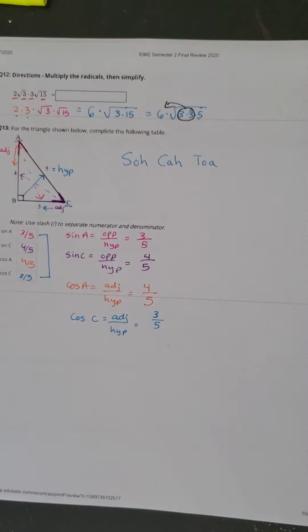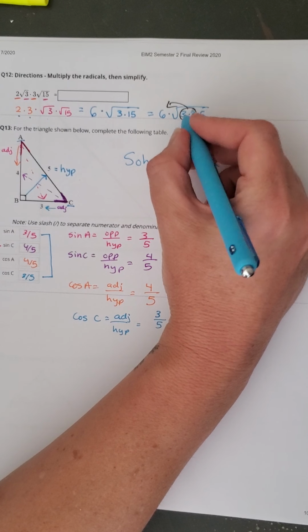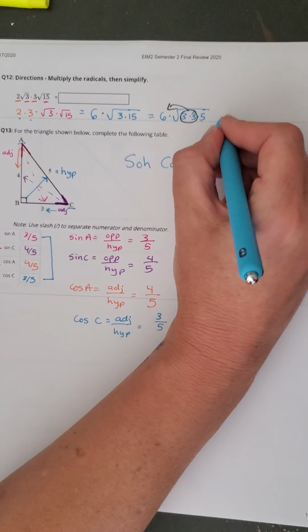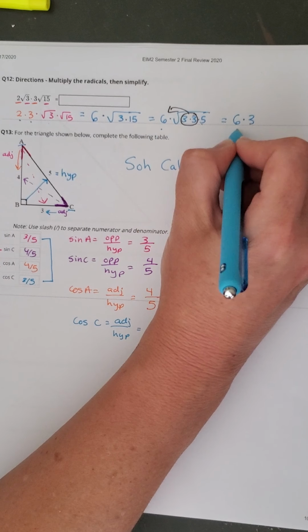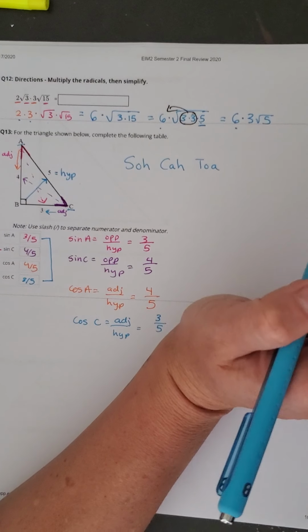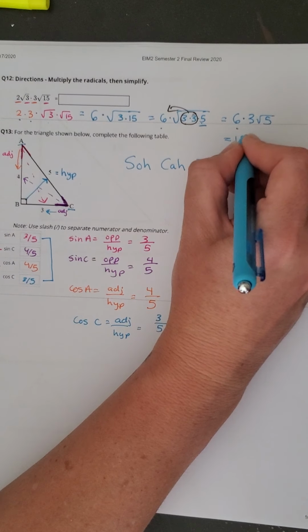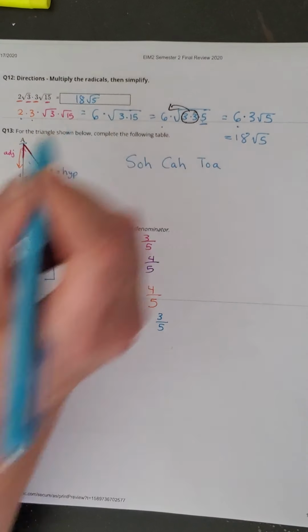It's going to come out, 3 squared. The square root of 3 squared, or the square root of 9, is 3. And so the 3 is going to come out and multiply with this 6. So the 6 stays, the 3 is coming out, and then under the radical is that lonely 5. That would be 18 square root 5. So 18 square root 5.